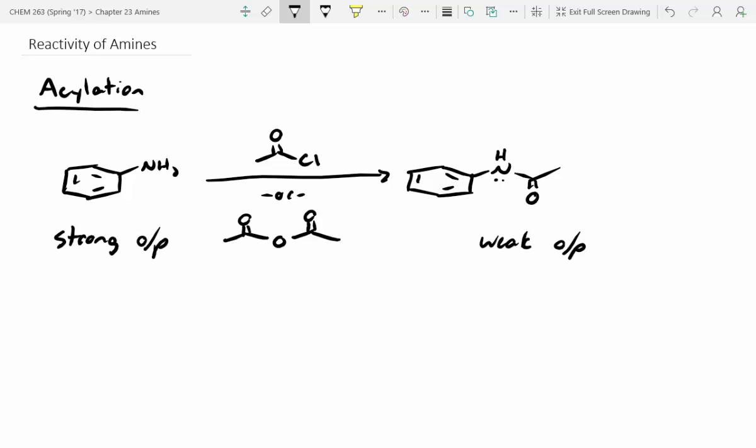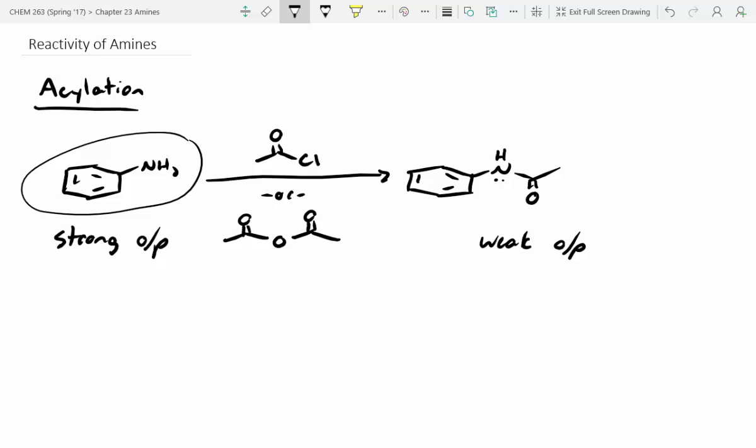All right, another thing too, let's imagine we're reacting aniline, the one on the left, with something like bromine and aluminum tribromide. Do you think we're going to get primarily ortho or para or a mixture of both? So with bromination, if we try to brominate this, what do you guys think might happen?